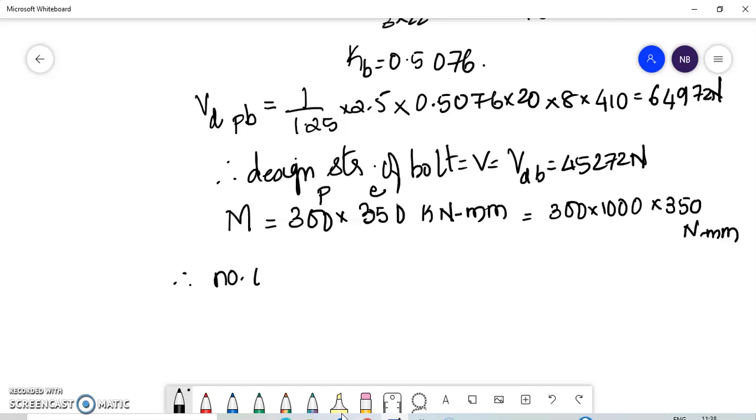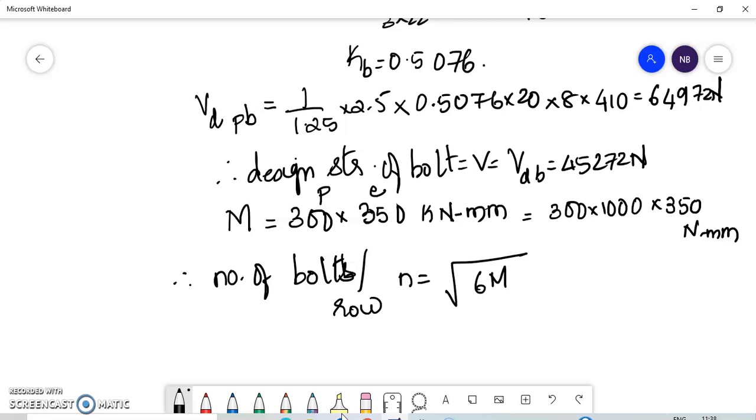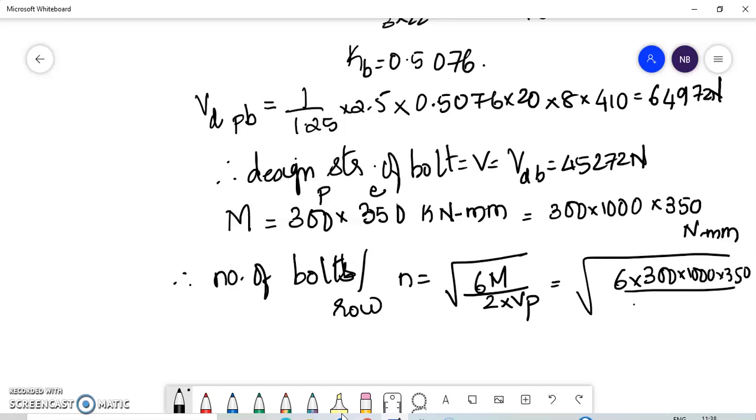And if you want to find out the number of bolts required per row, it is given by N equals square root of 6M upon 2 into V into P. Substituting all these values, we get 11.79.